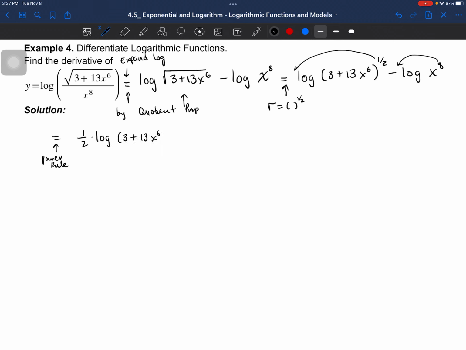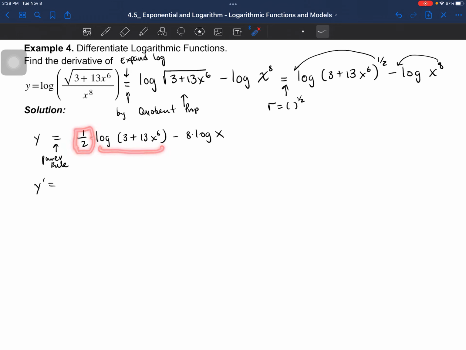So by the power rule of the logarithms, we have 1/2 times the logarithm of 3 plus 13x to the 6, minus 8 times the logarithm of x, right?